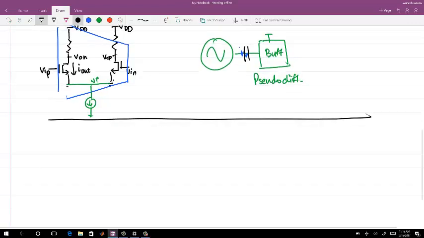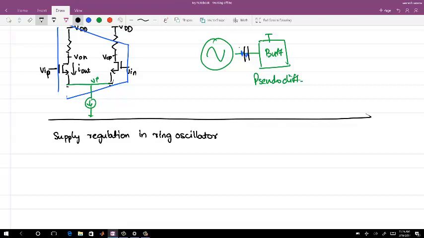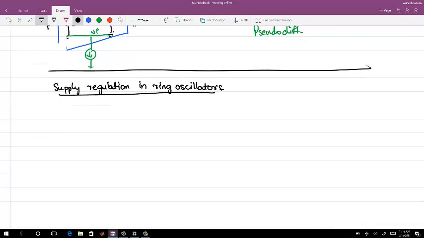Any other? Okay. So now we will talk about the supply regulation in ring oscillators specifically. So this is a ring oscillator.